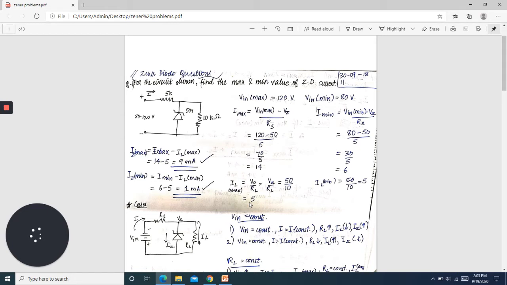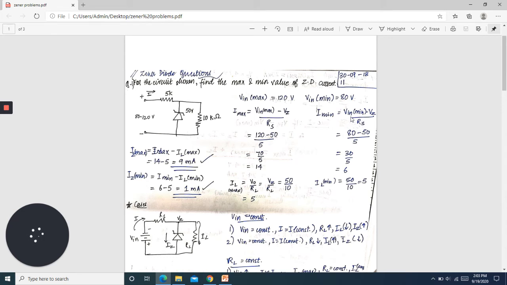Now we need to find the value of I max and I minimum. First of all, the value we have considered is the minimum input voltage, so the current will be I minimum.